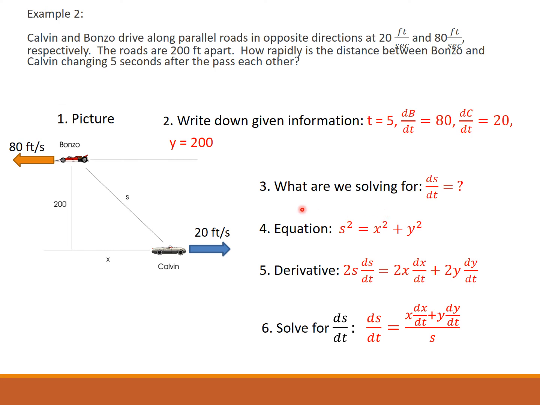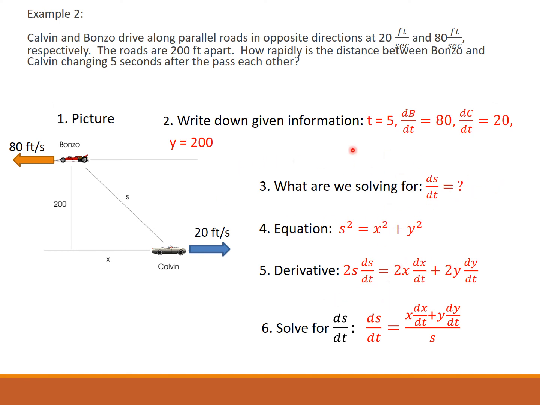Then, since we have a triangle, we're just going to use the Pythagorean Theorem. So s squared, the hypotenuse squared, is equal to x squared plus y squared. And then we're just going to take its derivative. That 2 comes down, we subtract 1 off the exponent, and that's the same for each one of these. With the chain rule we get 2s ds/dt is equal to 2x dx/dt plus 2y dy/dt.